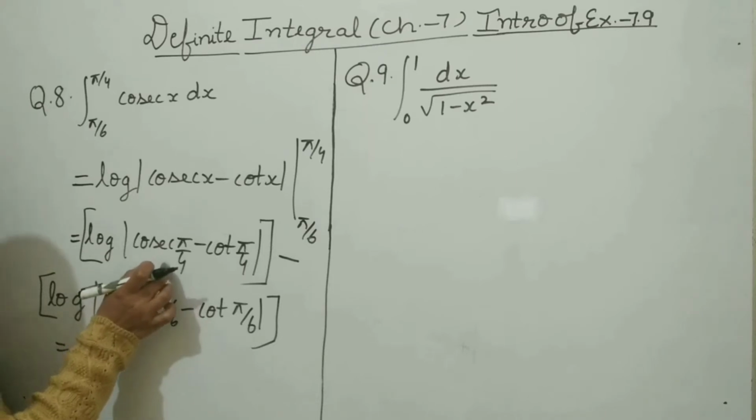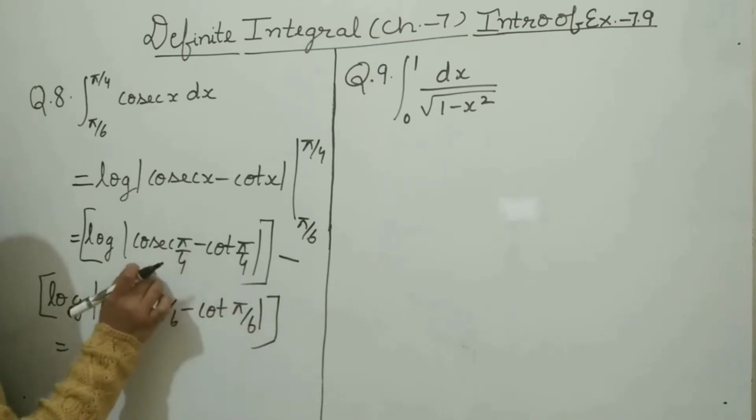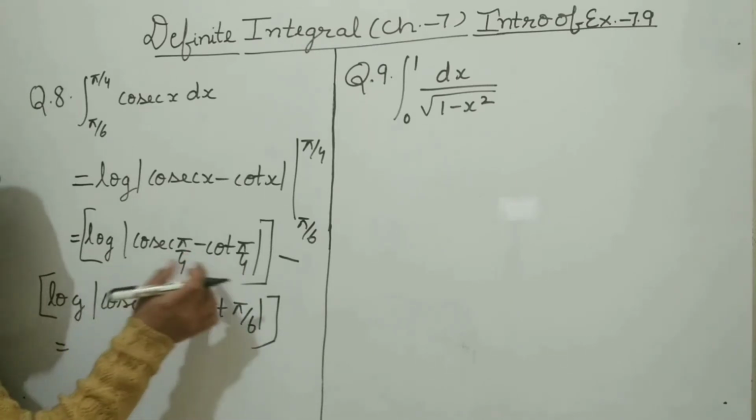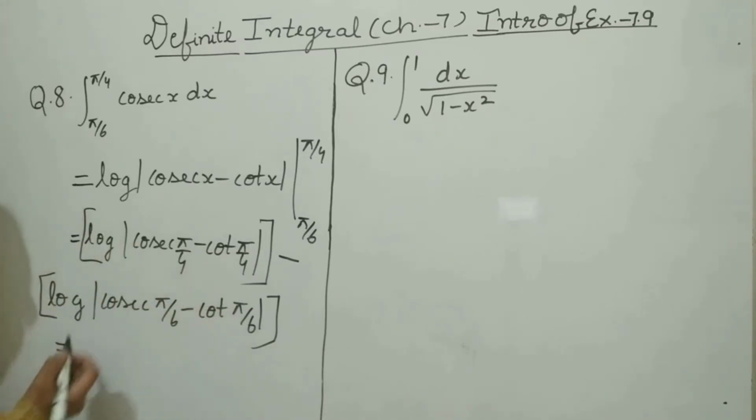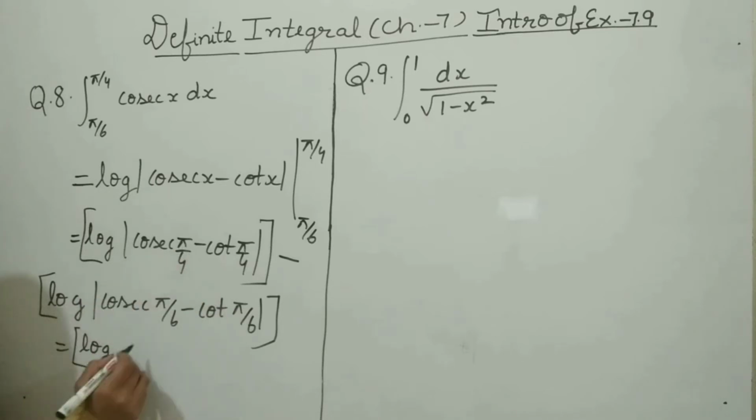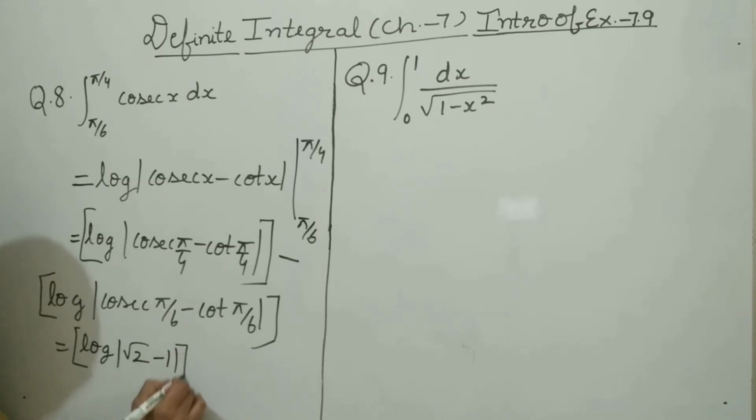Now put the values of these trigonometric functions. For this, if you learn your trigonometric table completely, then you can easily solve it. So the value of cosecant pi by 4 is root 2 and cot pi by 4 is 1.